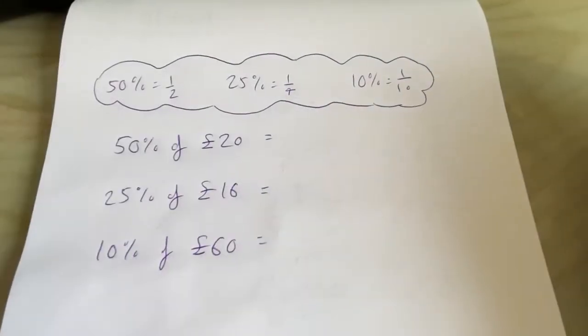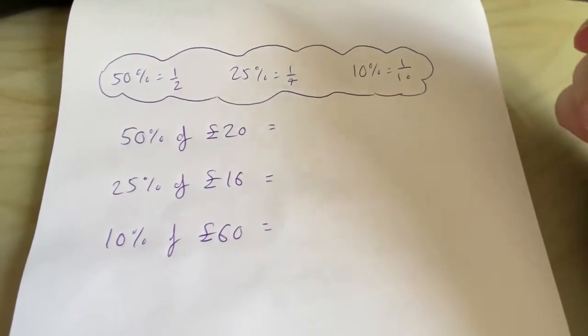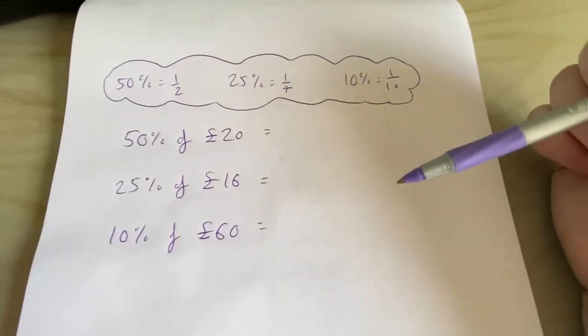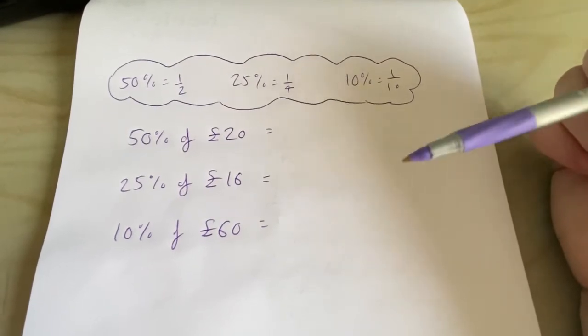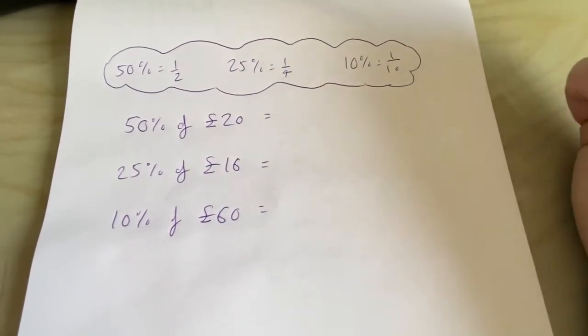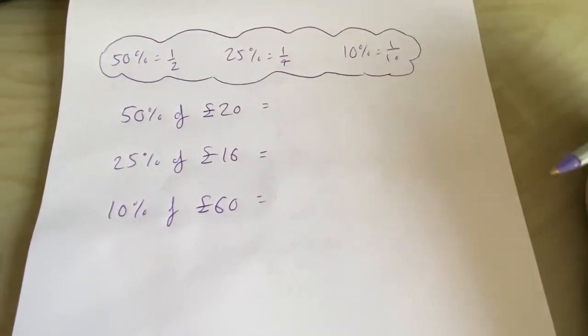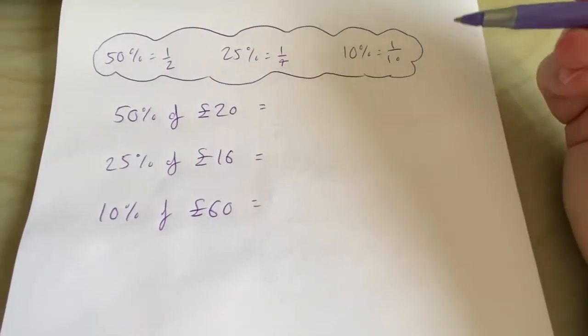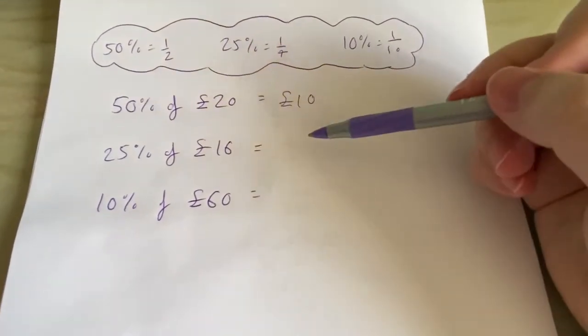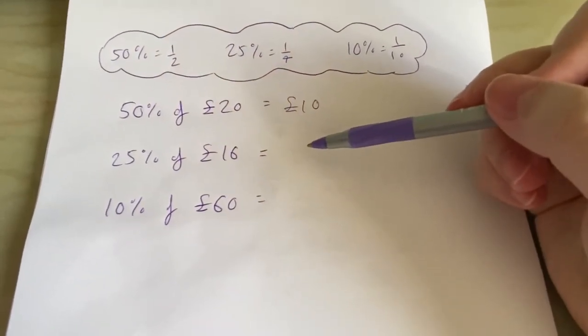So now I'm going to use those key facts that I've got at the top here to work out some percentages of amounts. So I'm trying to work out 50% of £20. Well, if I'm new to percentages, I might find that a bit tricky, but actually if I remember that 50% is half, well, half of £20 I can do nice and easily. Half of £20 is £10. Next one, 25% of £16.